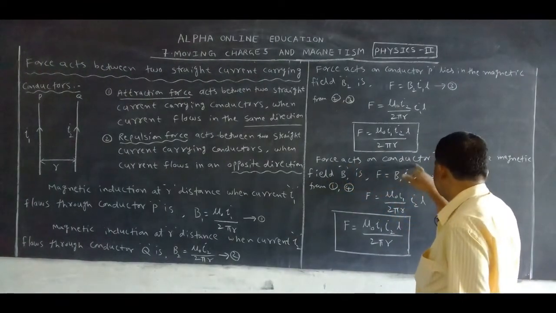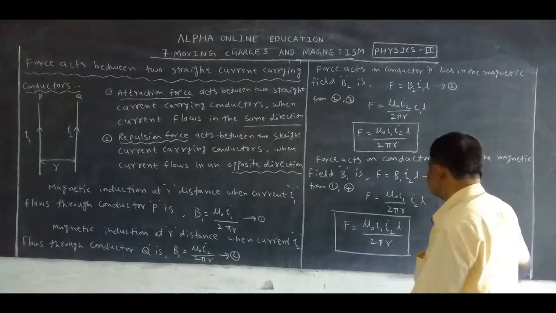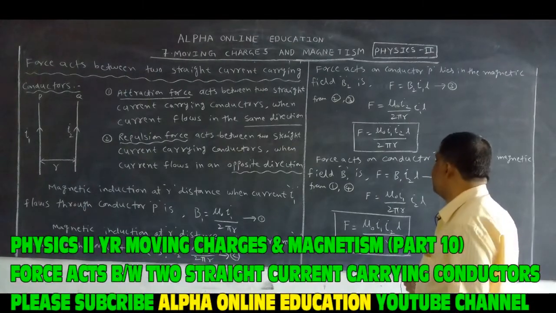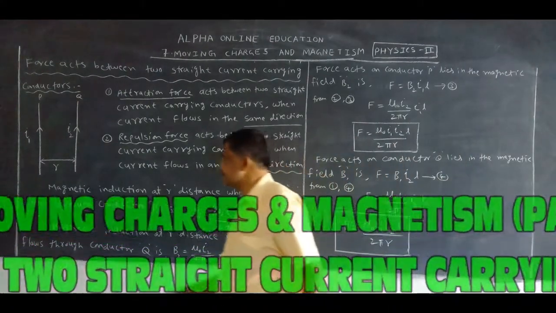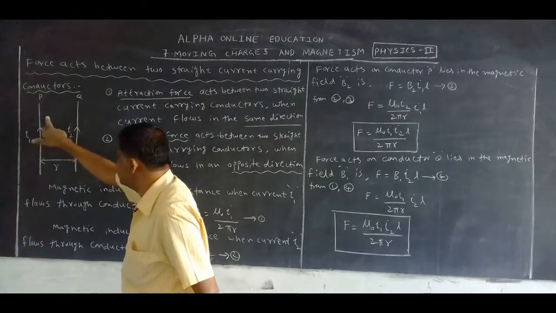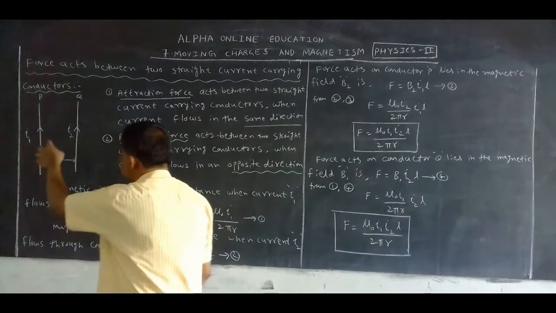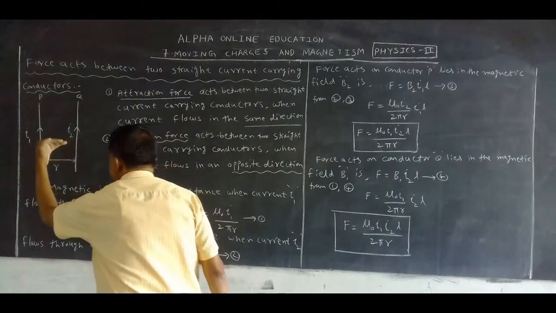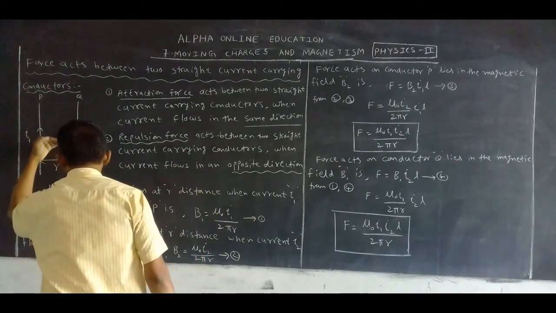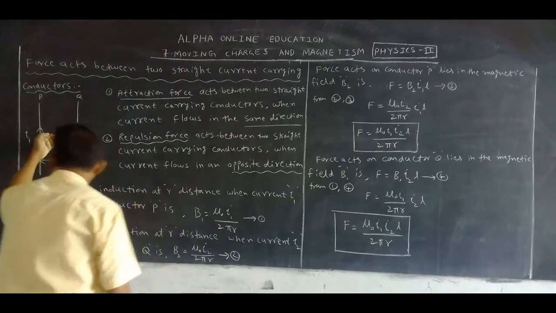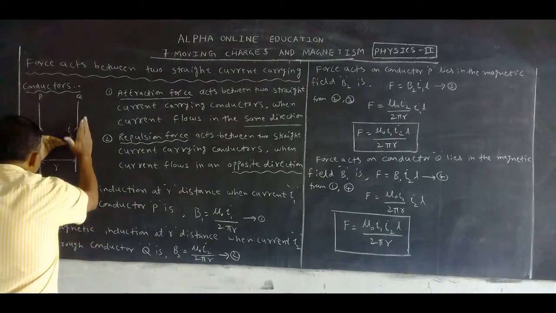the force acts on conductor Q lying in the magnetic field B1. When current is passing through the conductor P, the magnetic induction is established in this direction. The current through conductor Q is in this direction.